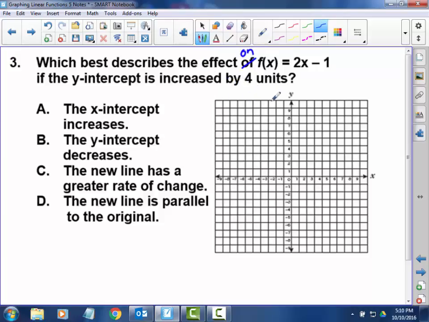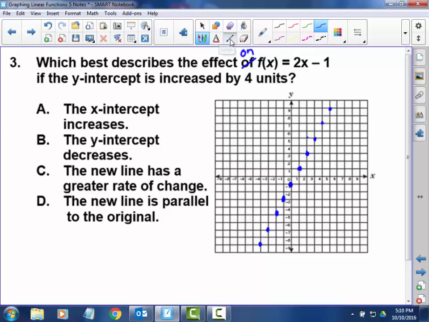Okay, so if we take 2x minus 1 and we graph it, then that means we're going to start here at -1, and we're going to rise 2 and run 1. 1, 2, 1. And we just keep carrying that out. And we could go the opposite direction.